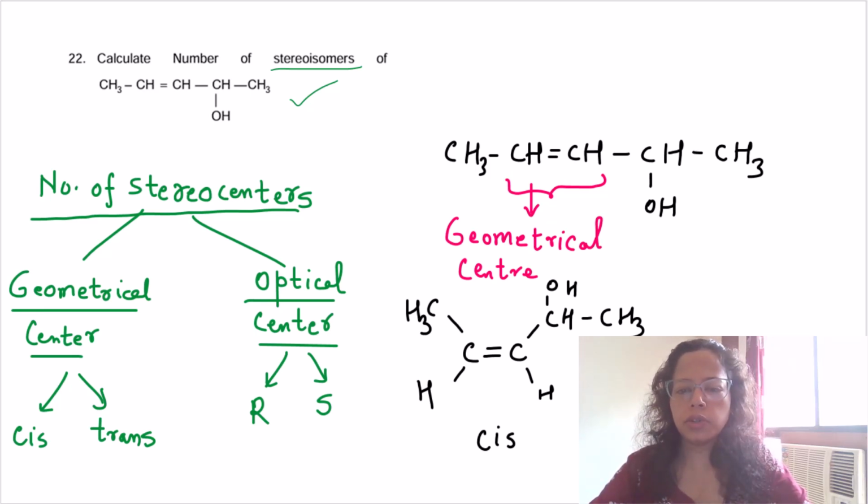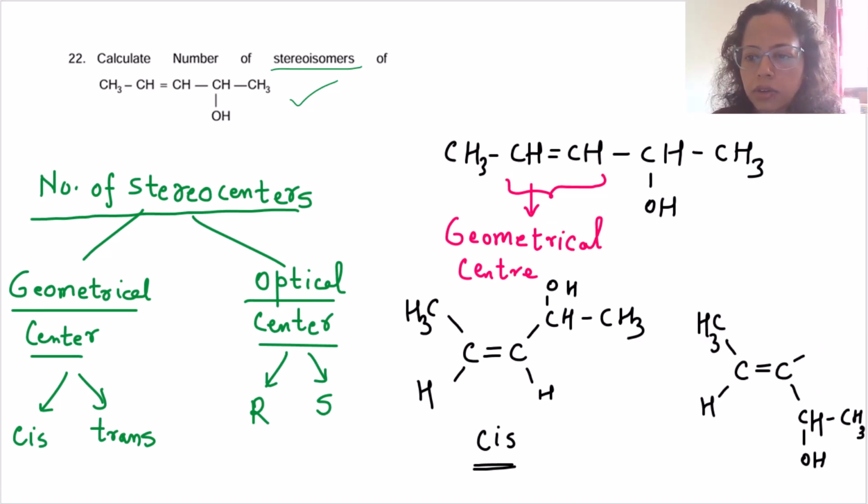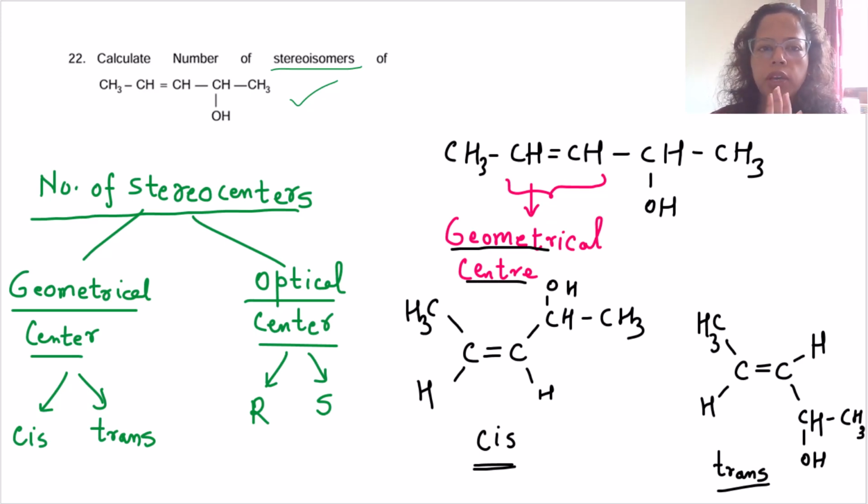So this is the cis isomer, two hydrogens on the same side and two high priority groups on the same side, and here we have the two high priority groups on the opposite side. That gives us the trans isomer like this. So this is one stereo center, the geometrical center in this molecule.